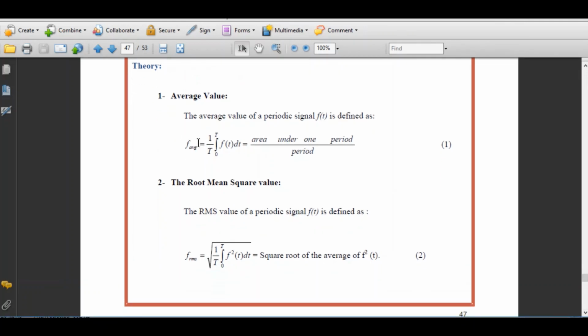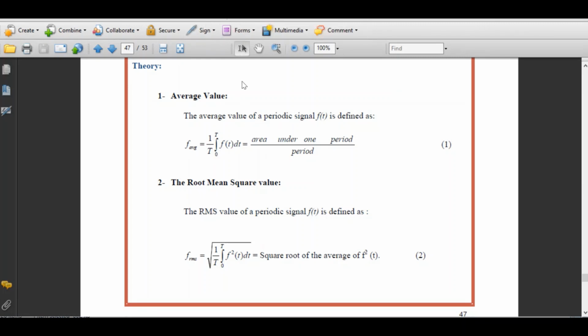In the pre-lab, you have to use this formula, which is the general formula for calculating the average or mean value: the area under one period divided by the period. So it's actually the integral of the waveform over one period divided by the period.